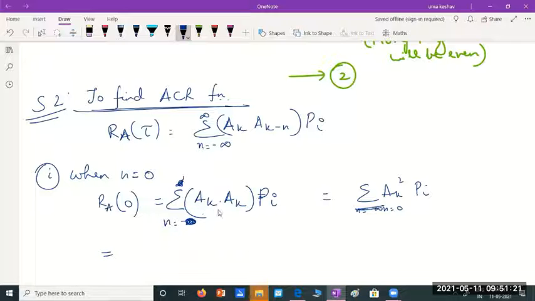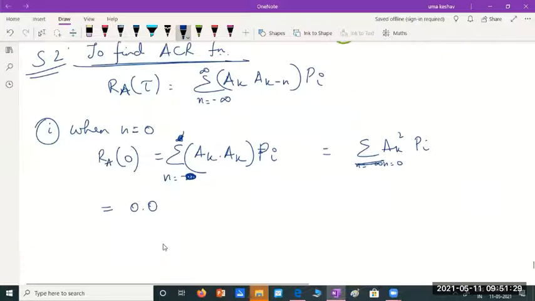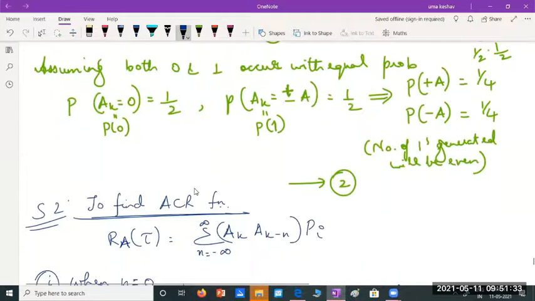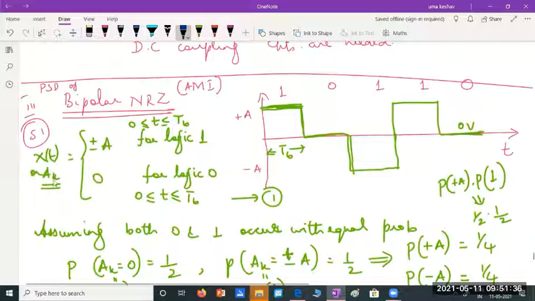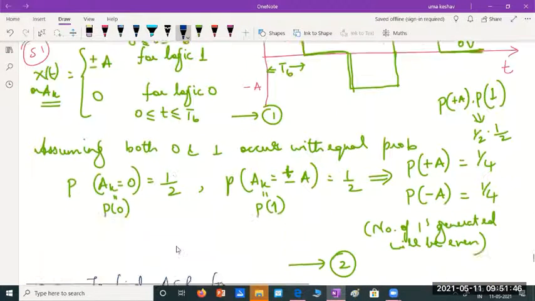You just list the amplitudes possible for AK. What are the amplitude values I can have? AK can be 0, or AK can take on the value of plus A, or AK can take on the value of minus A. There are three possibilities here.